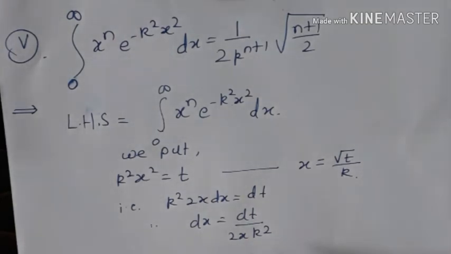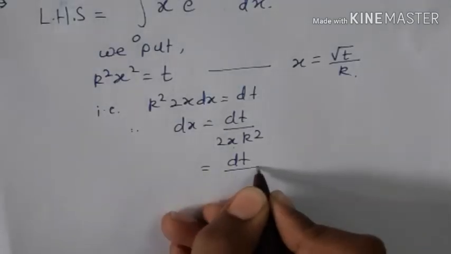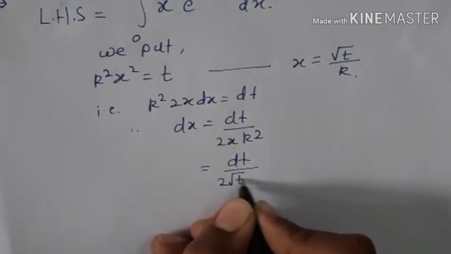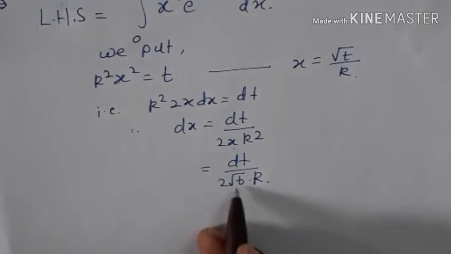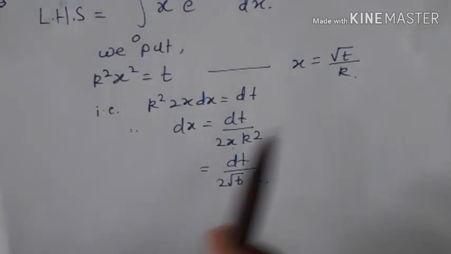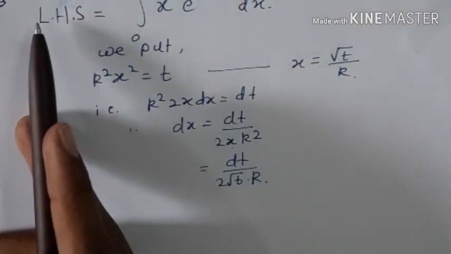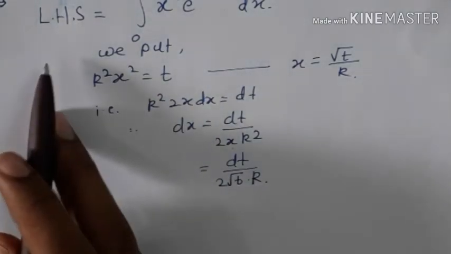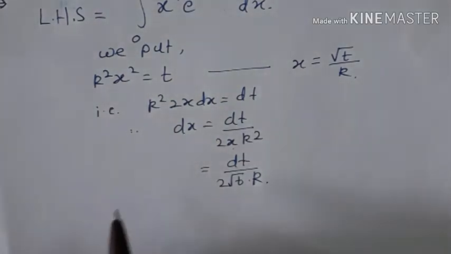After substituting this value here, we get 2 into root t by k, and one k will get cancelled. So dx is equal to dt divided by 2 root t into k, and x is equal to root t by k. Here the limits won't change, as when x equals 0, t is 0, and when x equals infinity, t is also infinity.